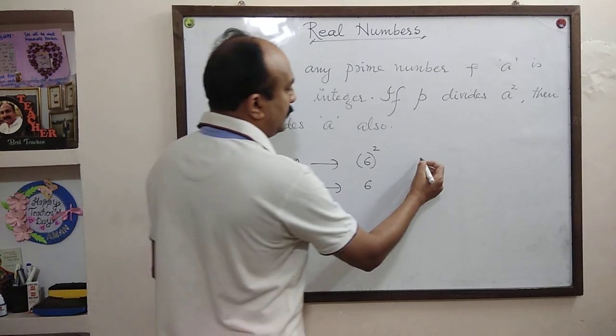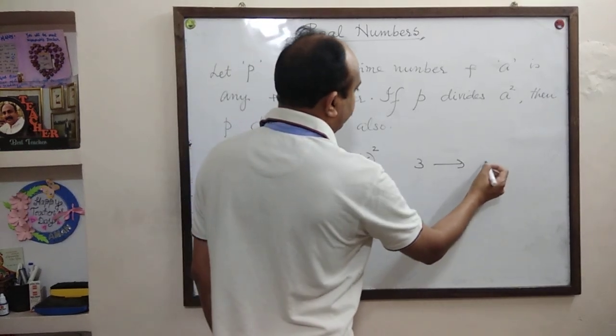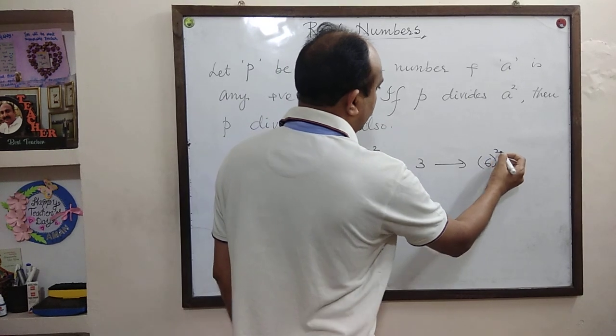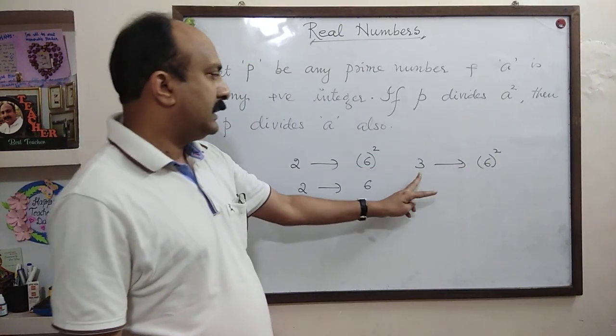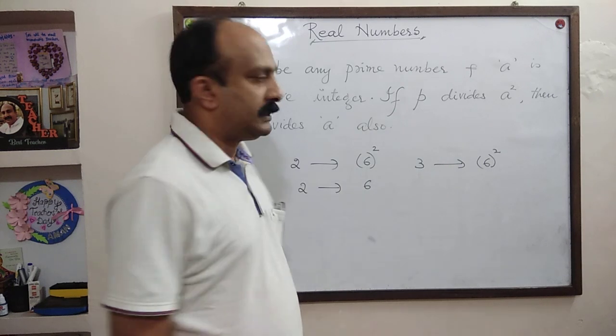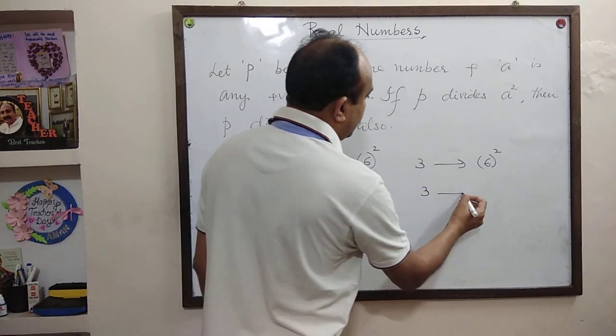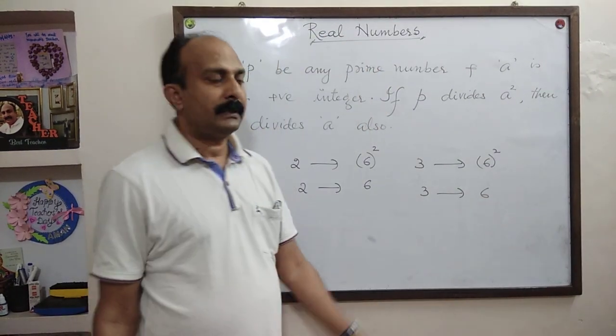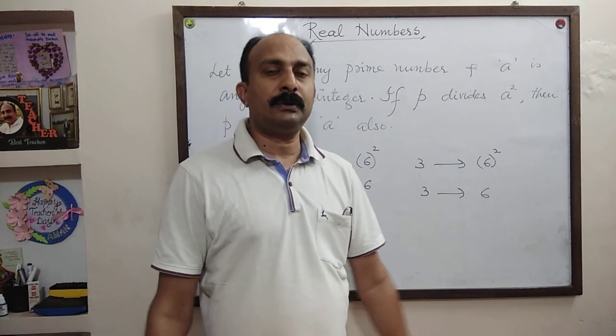We know that 3 divides 6 square. 6 square is 36. That 3 is a factor of 36. Then 3 divides 6 also. 3 is a factor of 6 also.